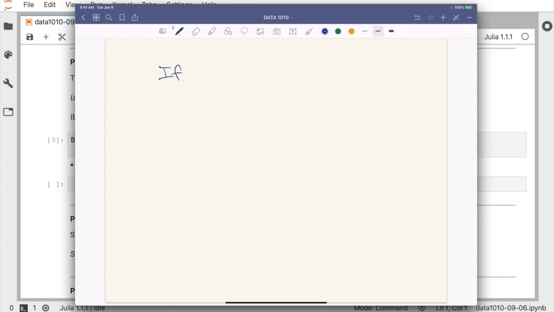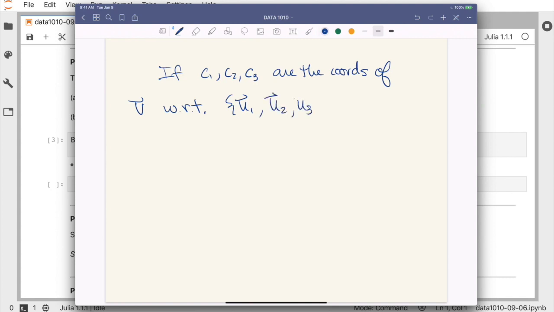So if C1, C2, and C3 are the coordinates of a particular vector, let's just call it V for now, with respect to a basis U1, U2, U3, then there's a dot product trick for figuring out C1, C2, and C3 directly from V. And we're going to be assuming here that these are orthogonal.